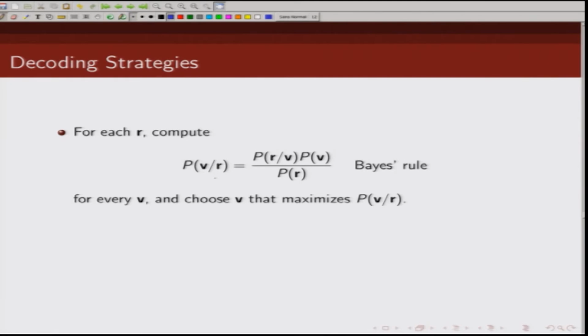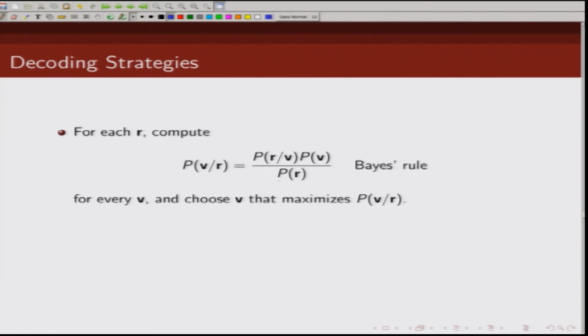Now, using Bayes rule, we can write the probability of V given R as the probability of R given V multiplied by the probability of V, divided by the probability of R, and this has to be maximized over V. So, we should choose our V such that this thing is maximized.